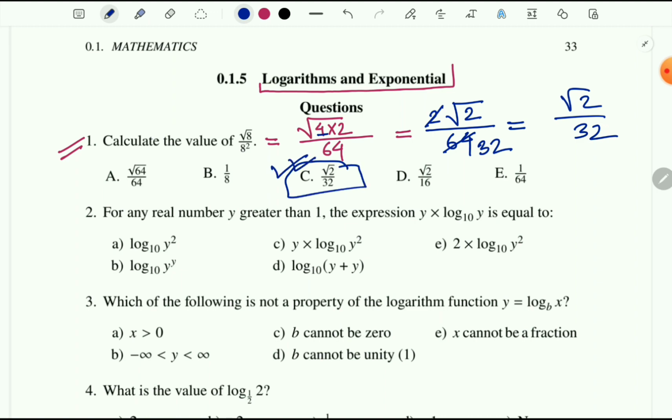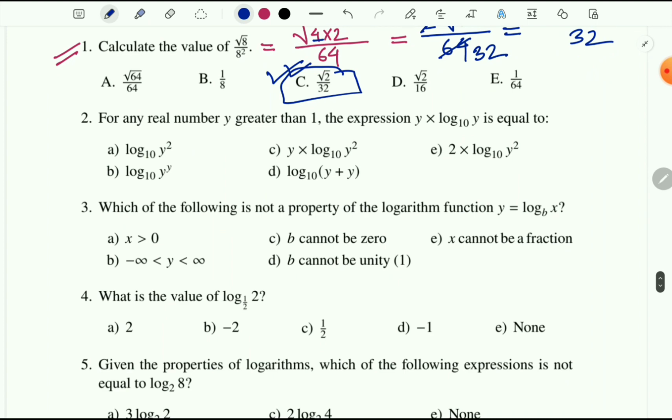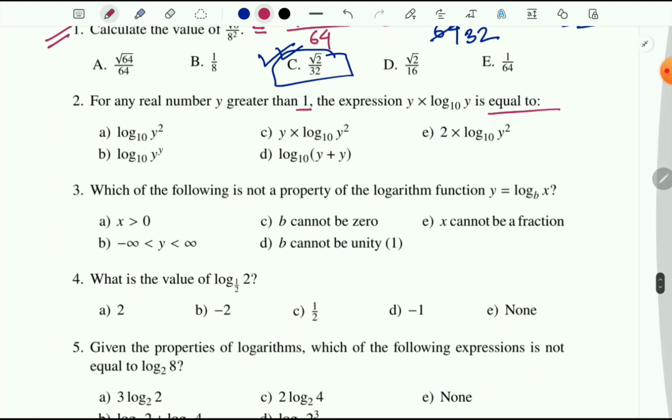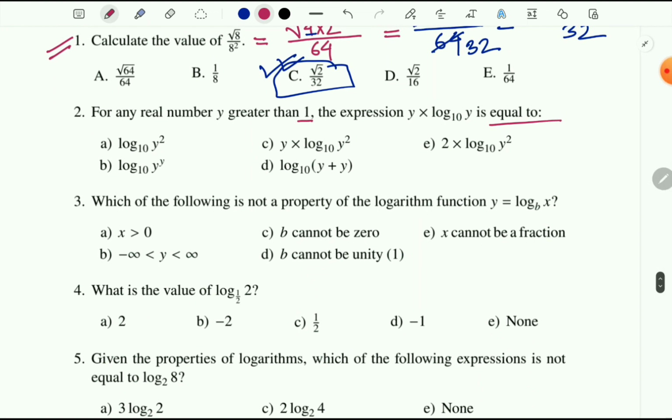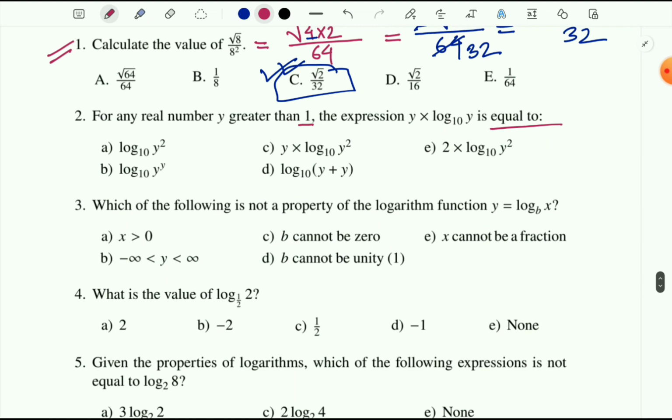Let's study the next problem. For any real number y greater than 1, the expression y multiplied by log base 10 of y is equal to what? This is a basic formula of logarithm. If you know the formula, you can solve it. It's super easy.